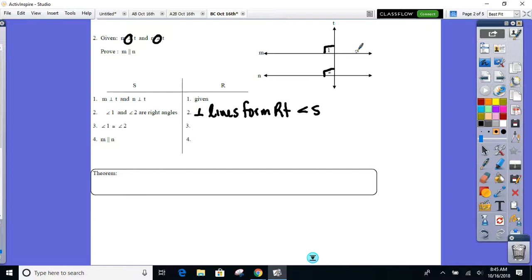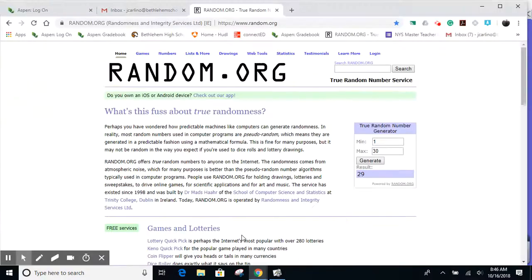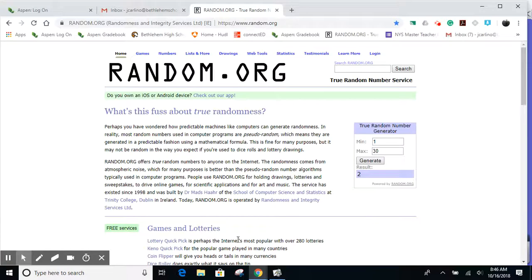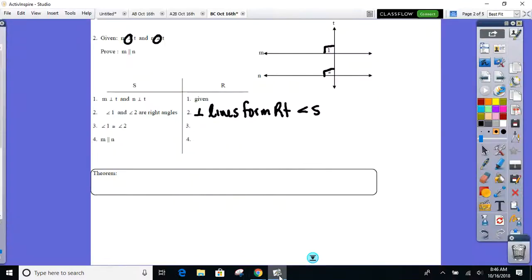Why are angles 1 and 2 congruent? Any ideas? All right angles are. Thank you. Did anybody want to say corresponding?